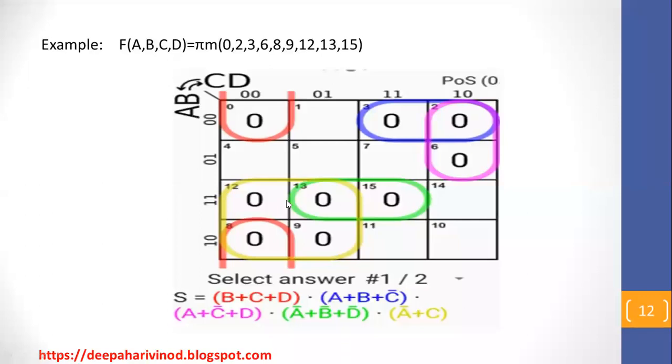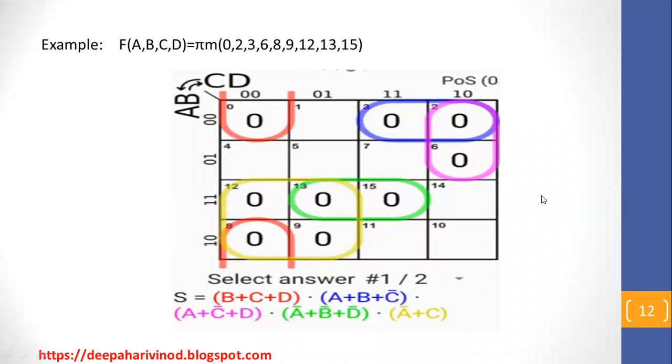What will be the equation? Common is AB here, and in column wise D. If it is AB, we have to write it as A bar plus B bar, and in case of column it is D bar. So A bar plus B bar plus D bar will be the equation for this.